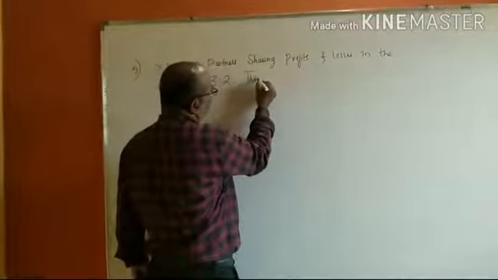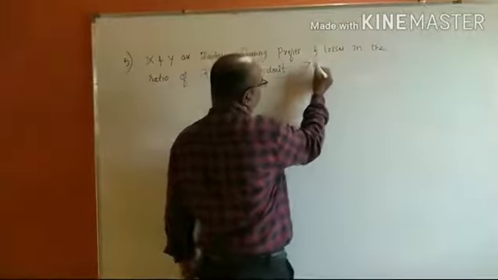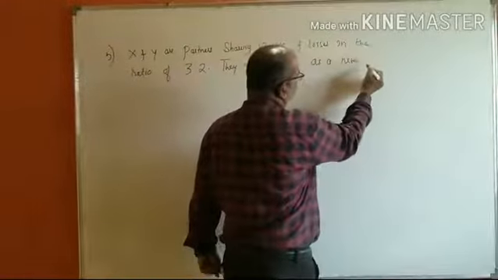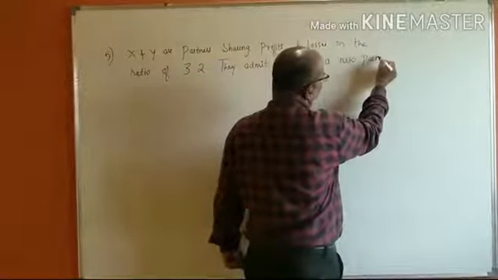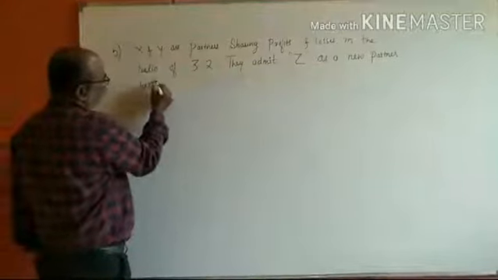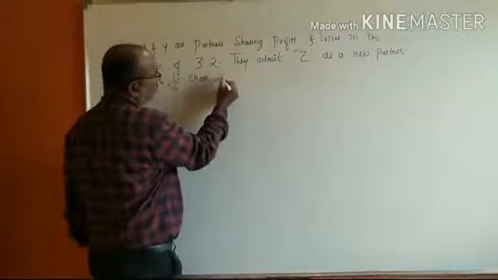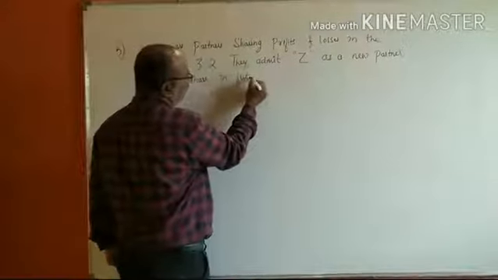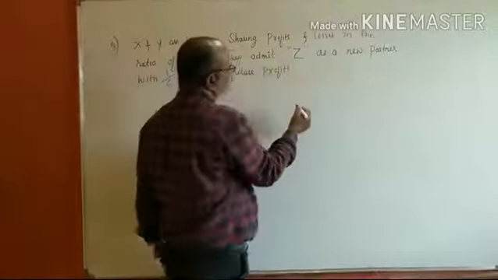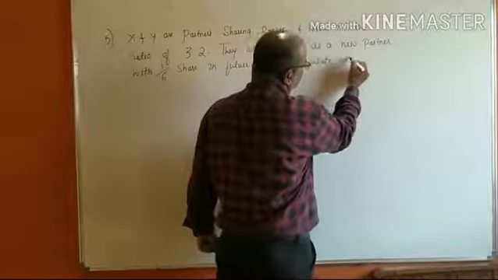They admit Z as a new partner with 1/6 share in future profits. Calculate the new profit sharing ratio.